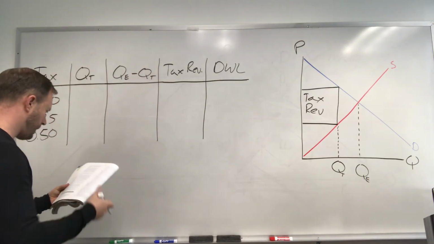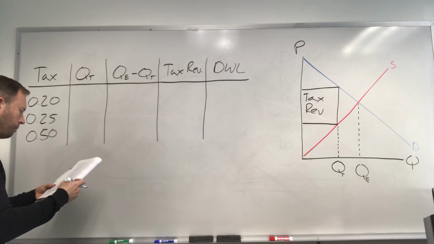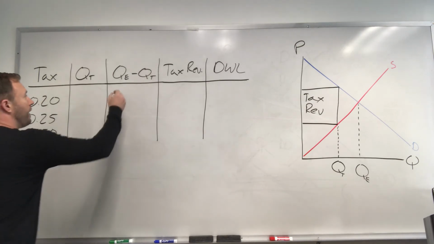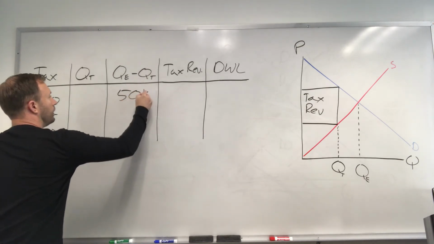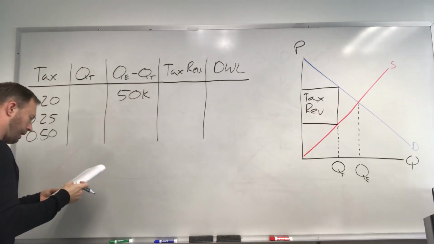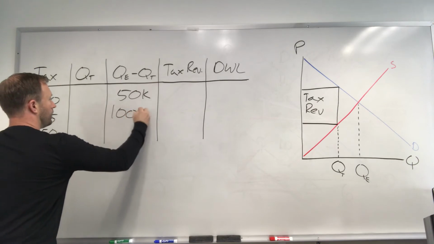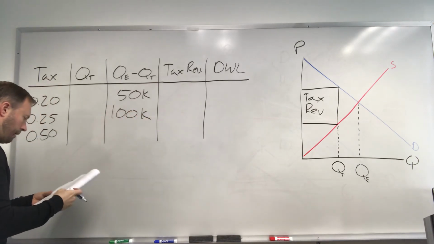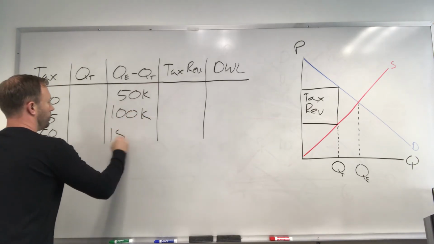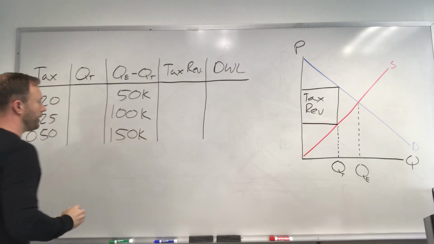They tell us that the 20-cent per donut tax would reduce donut sales by 50,000 per day. And the 25-cent would reduce by 100,000 per day. And the 50-cent would reduce by 150,000 per day.